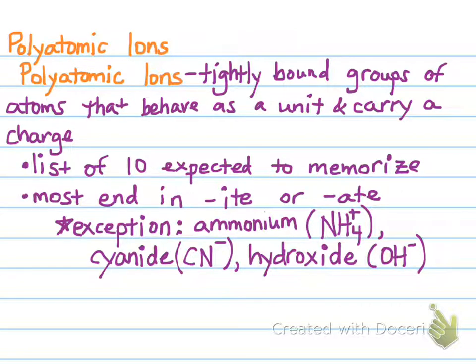So those are the only 3 of the polyatomic ions you're going to deal with that don't end in an -ite or an -ate. Ammonium, cyanide, and hydroxide. And again, ammonium and hydroxide are both ones you have memorized. Cyanide's on your helper sheet.